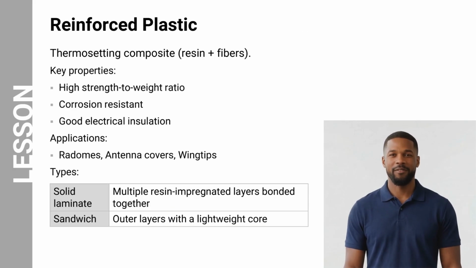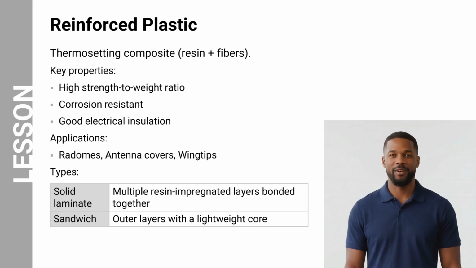Now, we move on to reinforced plastics, which are widely used in aircraft. Reinforced plastics are thermosetting composites made by combining resin with fiber reinforcement, usually fiberglass. The resin provides shape and bonding, while the fibers provide strength. These materials offer a high strength-to-weight ratio, good corrosion resistance, and excellent electrical insulation properties.